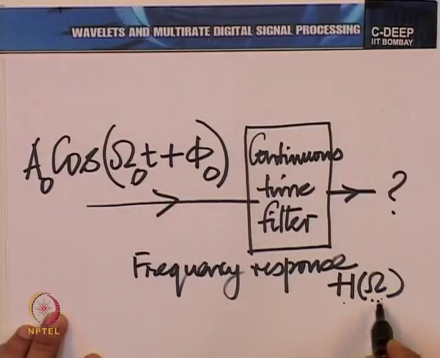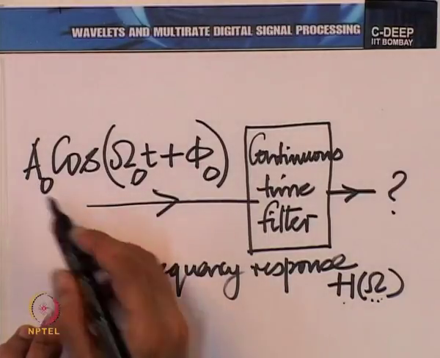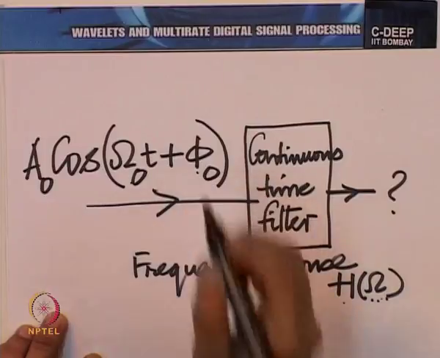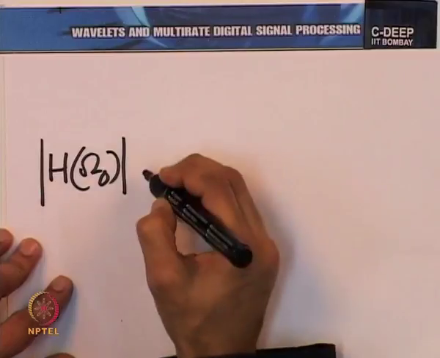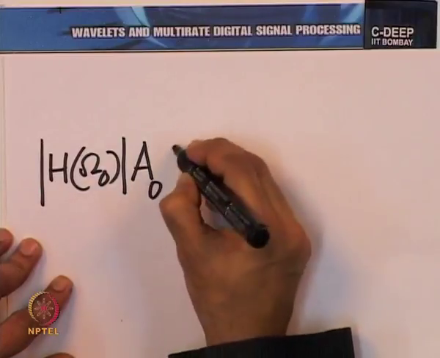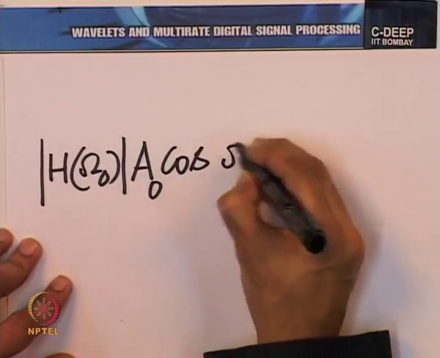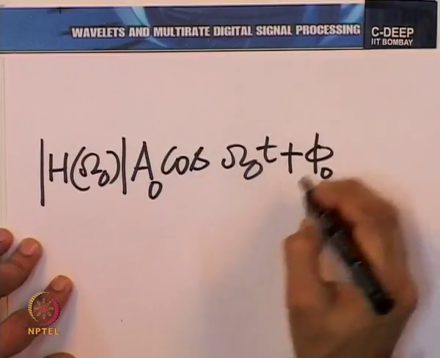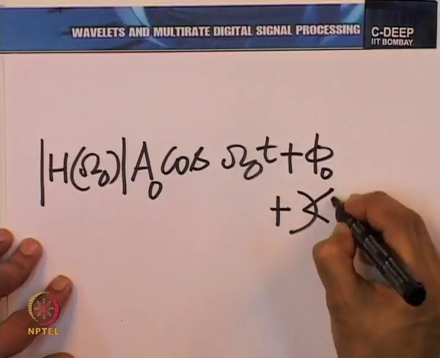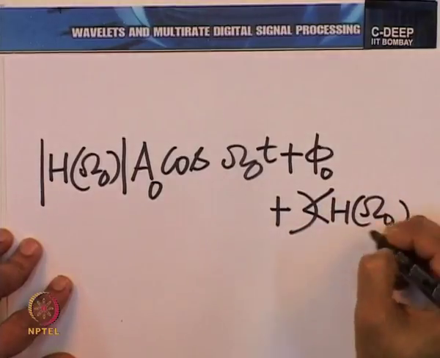The magnitude would multiply the magnitude, the angle would add to the angle. So, in other words, what would come out is mod h evaluated at omega naught, a naught cos(omega naught t plus phi naught plus angle of h evaluated at omega naught).